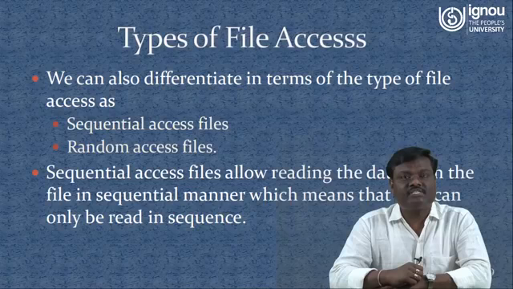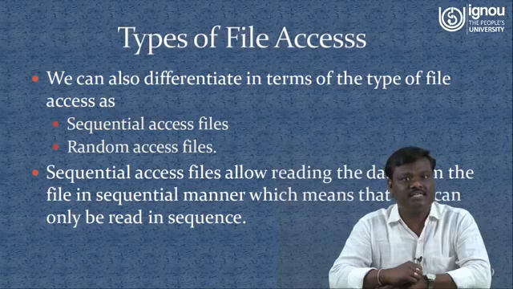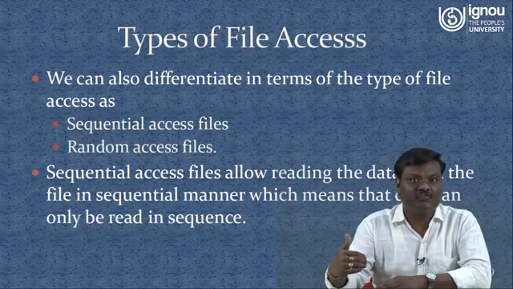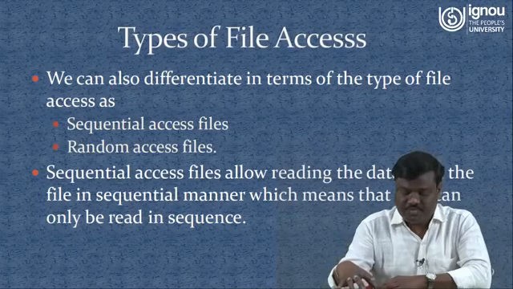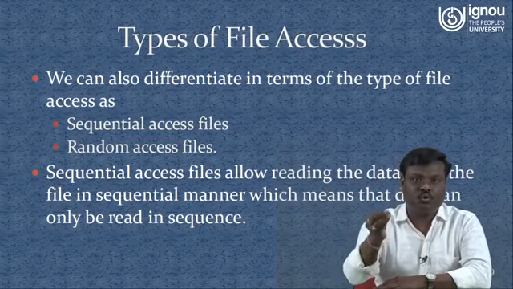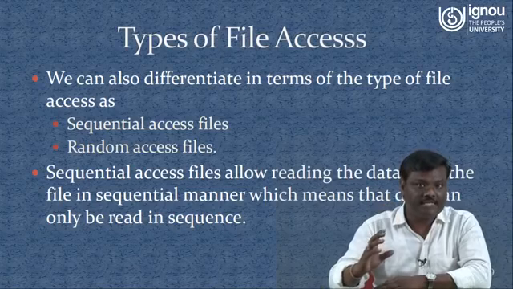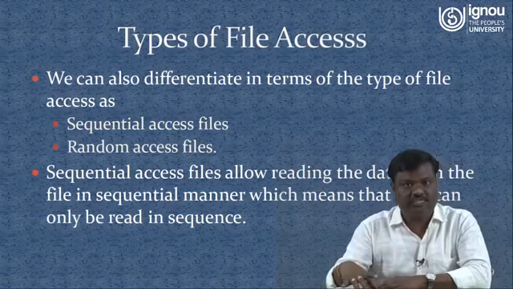Sequential access files allow reading the data from the file in a sequential manner right from the start till it meets the end of file marker, which means that the data can only be read in a sequence. Suppose you want to go to a particular point, that is a random kind of access, that is also possible.